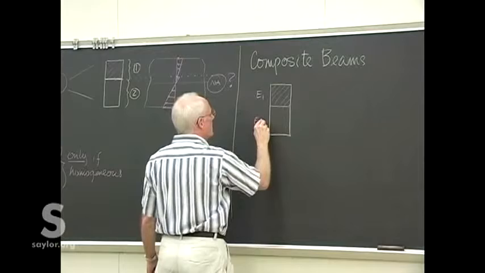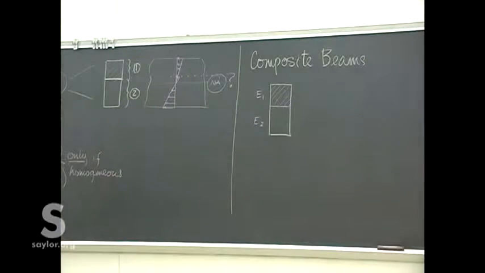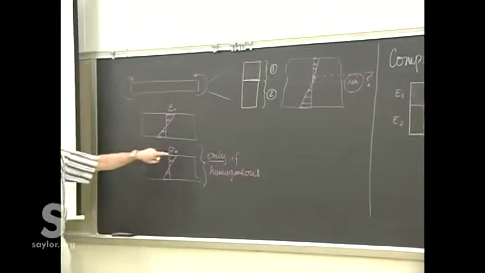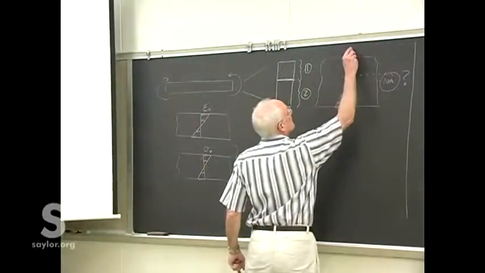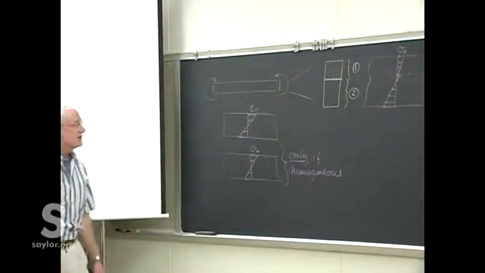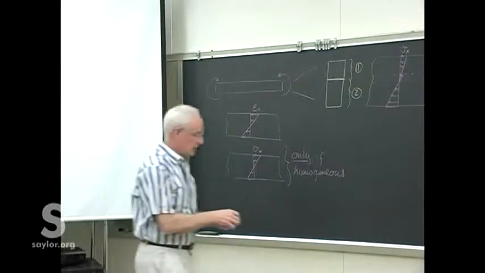The top one with some Young's modulus and the bottom one with some Young's modulus. Because remember, that's what determines what the stress is. The strain is still linear. The stress is no longer quite linear. Well, it's linear, but it's disjointedly linear, I guess, if you will.